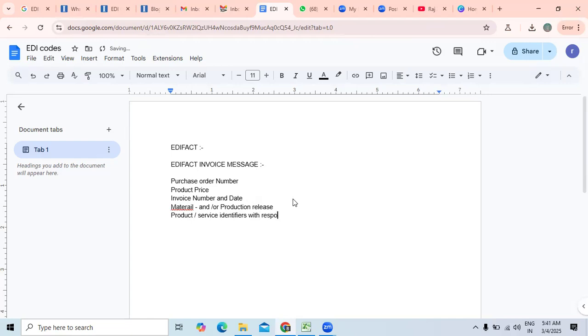Respective quantities. So this is the information which we normally mention whenever we are updating any kind of EDIFACT invoice message. We have the purchase order number, followed by the product price, invoice number and date, followed by material, product and service identifiers, and all that.